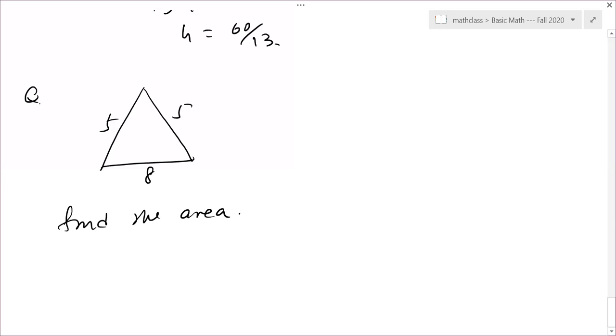Now this should be an integer. Okay, what is the area of this isosceles triangle? How do you get 20?